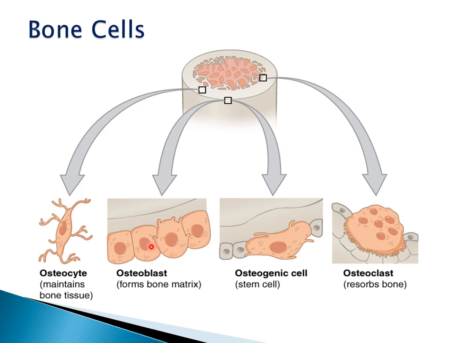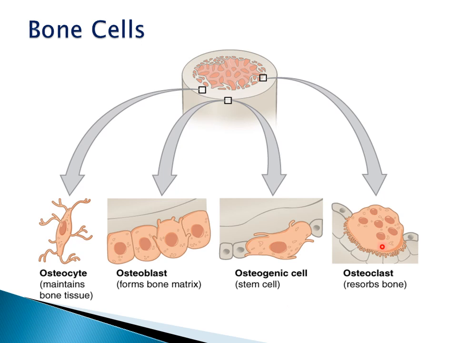They secrete the extracellular matrix, and once they secrete the extracellular matrix, then they become almond shaped, and they have numerous processes on it, and then they are called the osteocytes. The osteocytes remain in a space which is called the lacunae, and they maintain the bone tissue. That is, they are responsible for the deposition of the calcium and the phosphate in the bones.